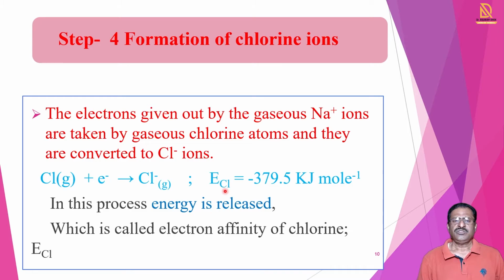Here this energy is called electron affinity, and we write ECl is equal to minus 379.5 kilojoule mole raised to minus 1. This energy is released, and that energy is called the electron affinity of chlorine, that is ECl.